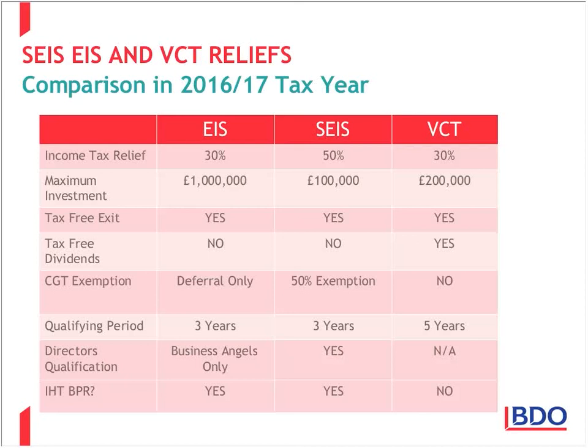The qualifying period's 5 years for VCT, 3 years for the others, and there are some specific rules on whether you can be a director. It's okay under CDIS. For EIS, you have to meet the so-called business angel provisions, which I'll talk about in a minute. IHT BPR, the final one, this is an acronym, obviously, for Inheritance Tax Business Property Relief.